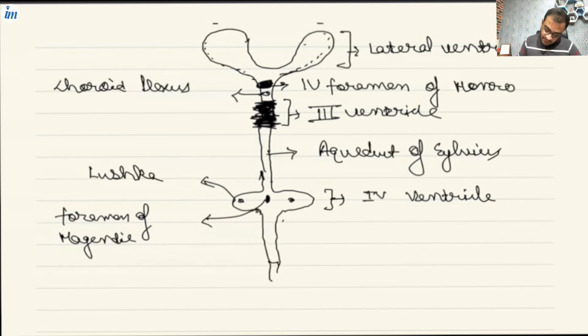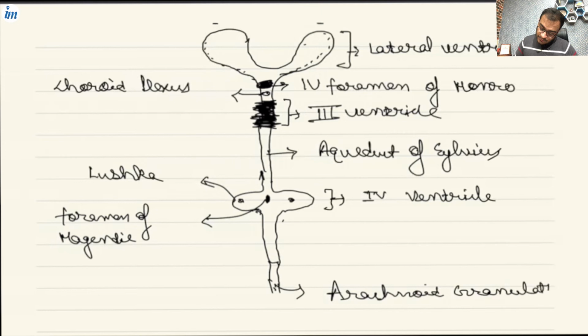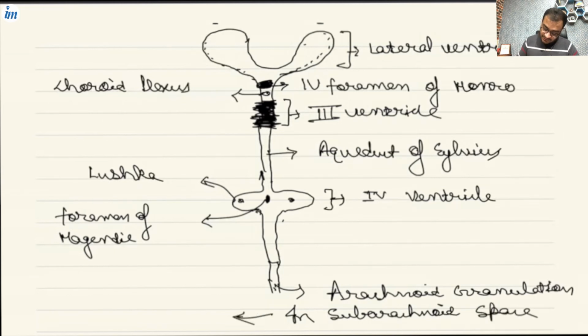From there, it goes to the spinal canal and spinal cord, and to the arachnoid granulations, where it is absorbed in the subarachnoid space, and at the last goes to the dural venous sinuses.